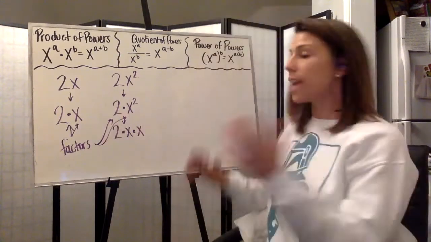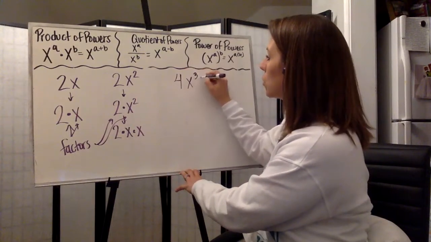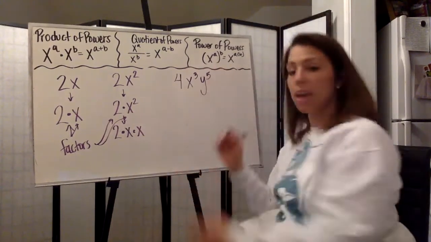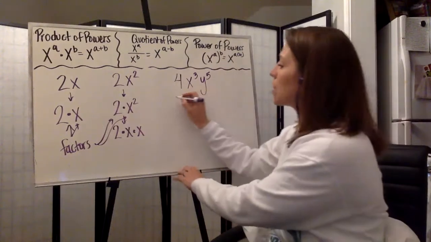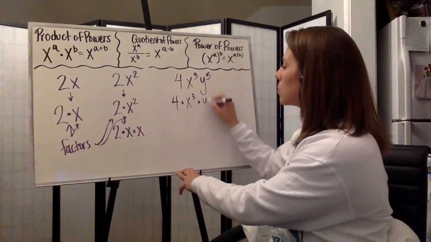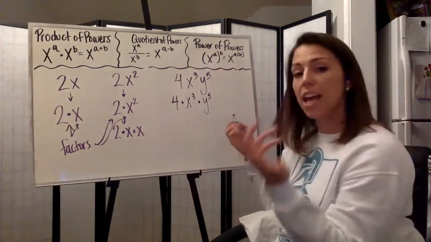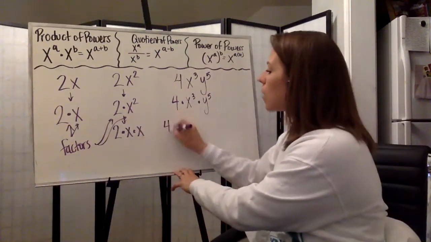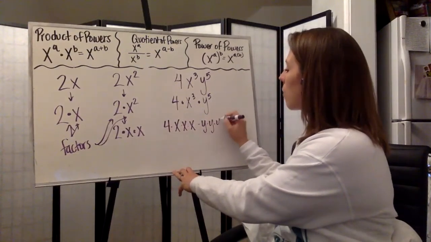So again, same thing. What if I had 4x cubed y to the 5th? This is still a product. This is 4 times x cubed times y to the 5th. These are all individual factors, which again, if I wanted to write it out, I could write it out as 4 times x times x times x times y times y times y times y times y.